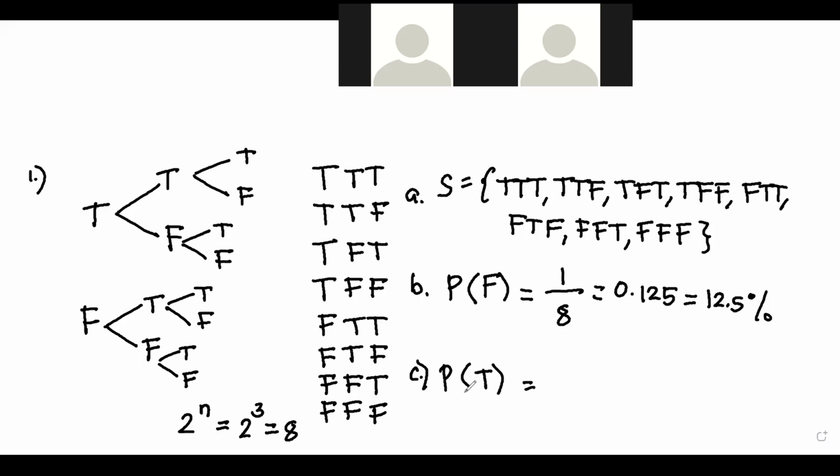So ibig sabihin, merong dalawa na true. How about, yes, Kia? 3/8 po. Okay, so we have exactly 2. So hindi to included, tatlong true? Hindi po, sinabing exactly, so hindi.